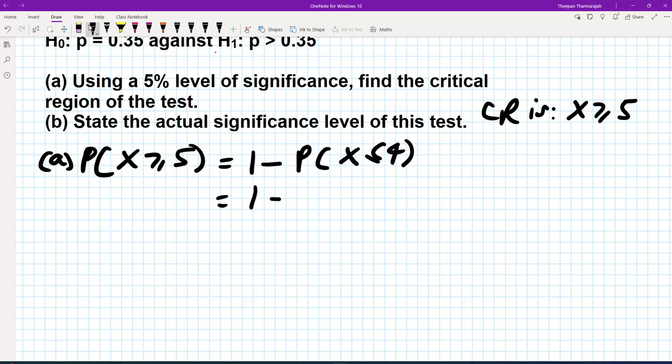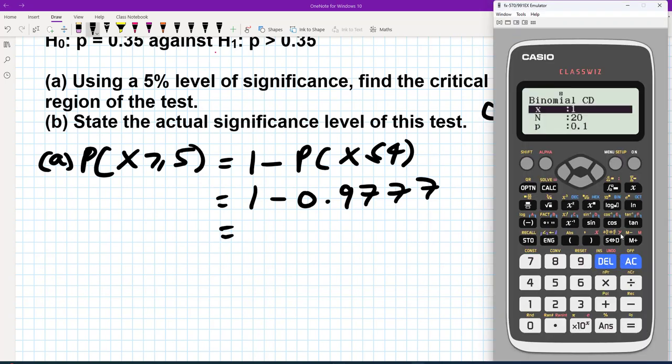We said from our tables that's 0.9777. So we can do 1 minus that on our calculator. We're just going to do 1 minus 0.9777. Perfect. And that gives me 0.0223.